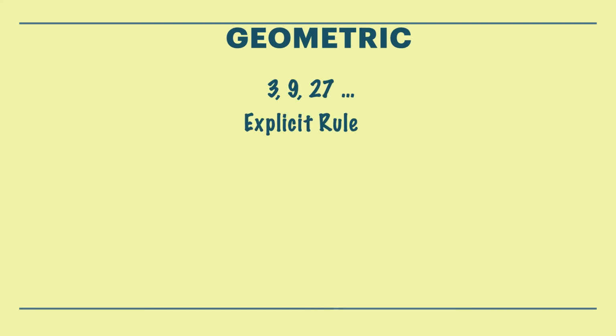All right. We have an explicit rule for the geometric sequence as well. Remember, the explicit rule lets us find the next term no matter what. We don't have to know the previous term. So this is what the explicit rule for a geometric sequence looks like. A sub n is equal to a sub 1 times r, remember that's our common ratio, raised to the n minus 1 power.